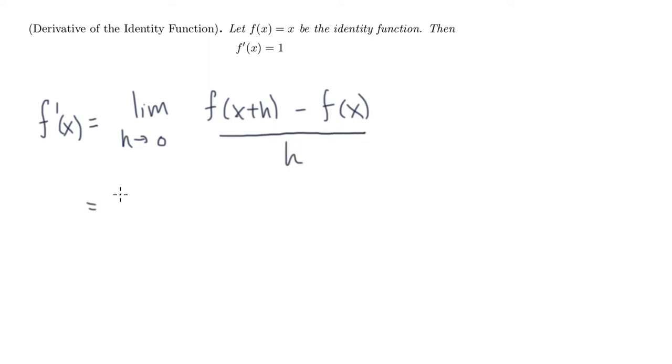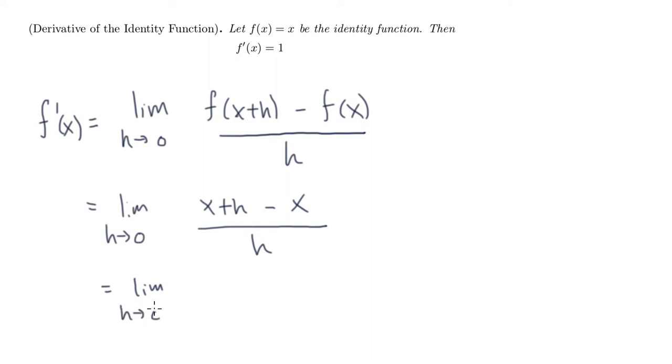Well, what's f of x plus h? The identity function just gives the input as the output. So since the input is x plus h, the output is just x plus h. And then f of x is, of course, just x, over h. But then look what happens. We have x minus x, so that's 0.